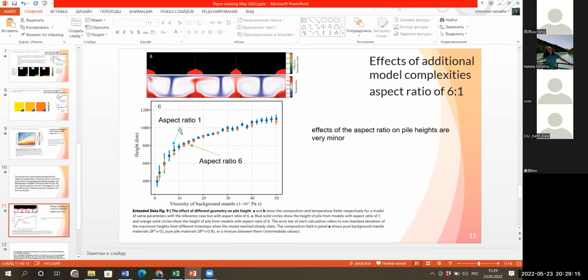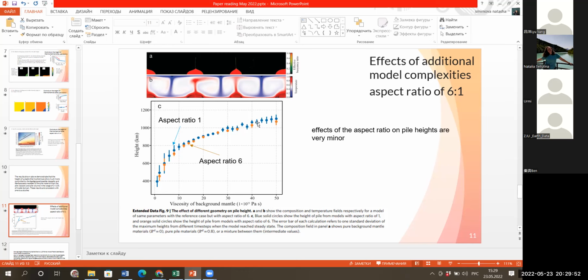Like here we can see the aspect ratio, which was taken in the previous slides, have these blue dots, and orange ones are for the aspect ratio of 6. They didn't quite explain in detail what the aspect ratio itself means, but they only were talking about that it's more about the complexity of the model. So we can see that it doesn't really affect largely. So those effects on pile heights are minor.